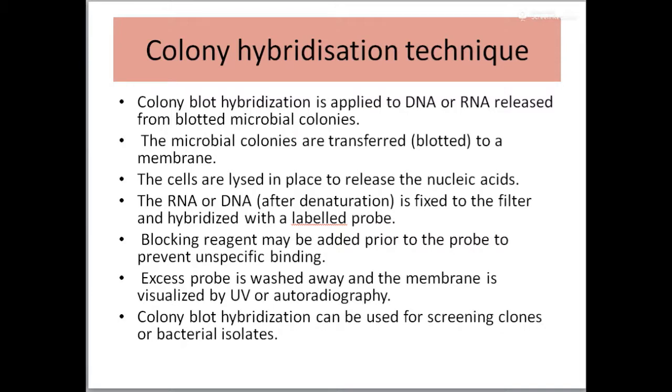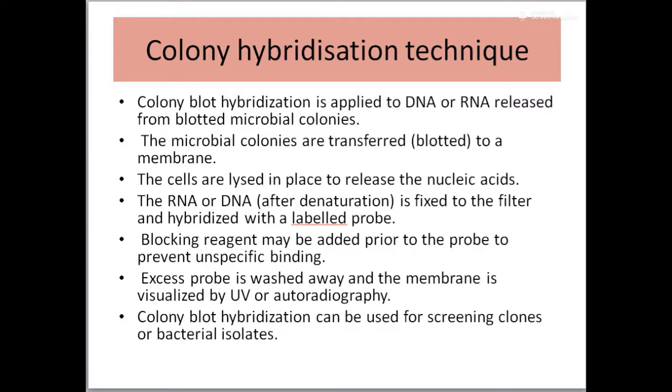How is it released? The colonies are first blotted, that is, transferred, onto a particular membrane, and the cells are lysed so that the nucleic acids are released from those colonies. These nucleic acids, released from the bacterial or transformant colonies, are denatured and fixed to a filter and hybridized with a labeled probe.